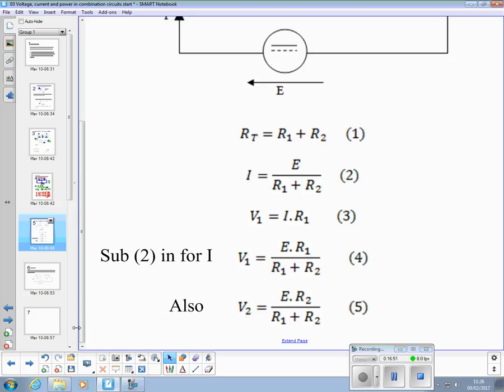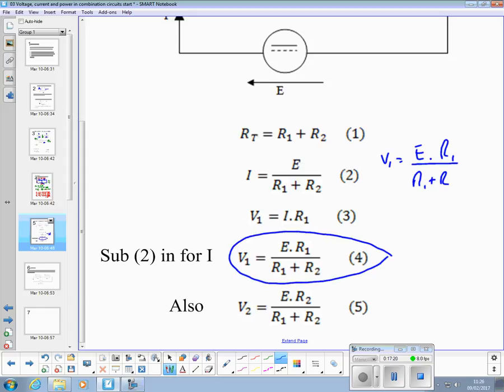Instead of writing I, we've written E over R1 plus R2. That's the current, and then we multiply that by R1. So now we've got one big formula to find the voltage V1 if we know the supply voltage and the value of the 2 resistors.